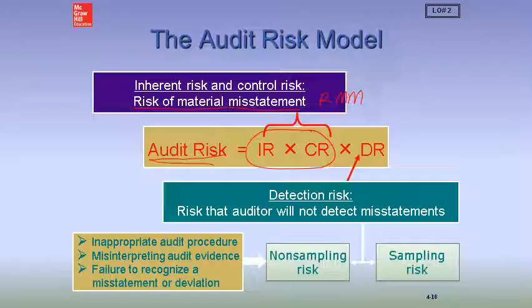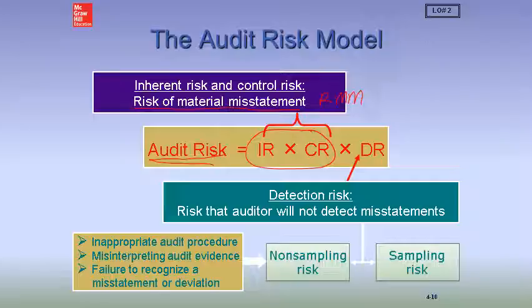The auditor failed to detect that misstatement and gave the wrong opinion. We should have qualified our opinion. Maybe it was so bad we even should have given an adverse opinion. Now, certainly, auditors don't want this to happen. This is the definition of audit failure.